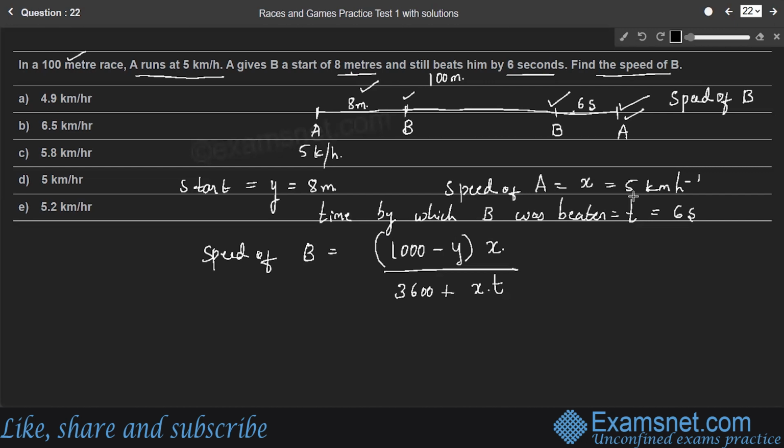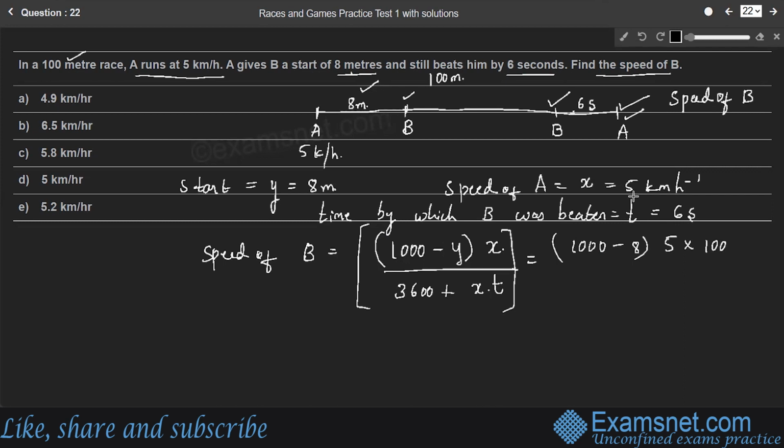Using this formula, we can find the speed of B. Let us substitute the values. 1000 minus Y, which is 8 meters, into X, which is 5 kilometers per hour. So 5 kilometers per hour means 5 into 1000 meters divided by 3600 seconds.